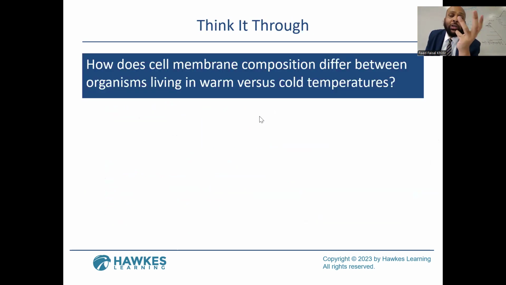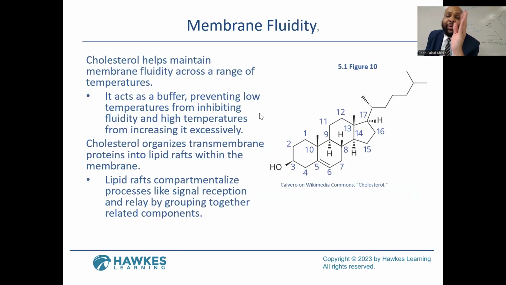I'm sorry, when we are so cold, our plasma membrane is going to be saturated with a lot of hydrogen so it can stick together, no kink. But when it's hot outside, our plasma membrane is going to be so fluid, with fewer saturated fatty acids. We're going to have unsaturated fatty acids with a lot of kinks so that we can be fluid.